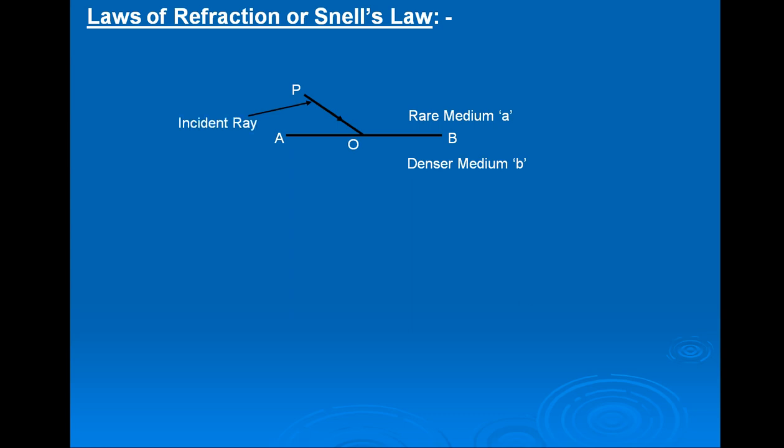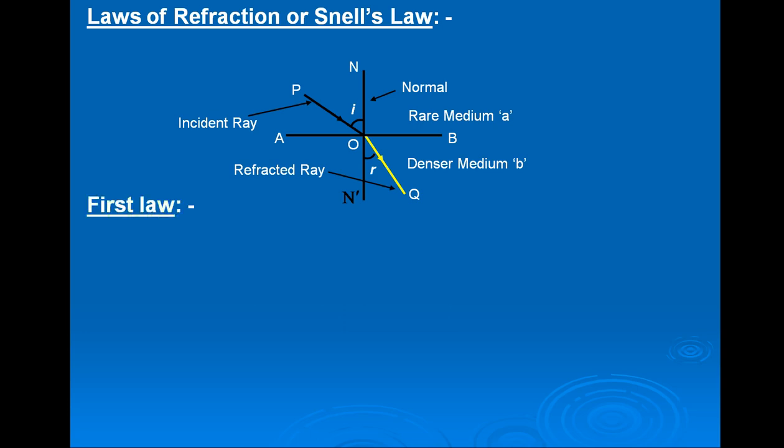From point O, draw a normal N dash passing through point O. It is normal to the surface separating two media. The incident ray makes an angle I with the normal, called the angle of incidence. Suppose this is the refracted ray OQ making an angle R with the normal, called the angle of refraction.